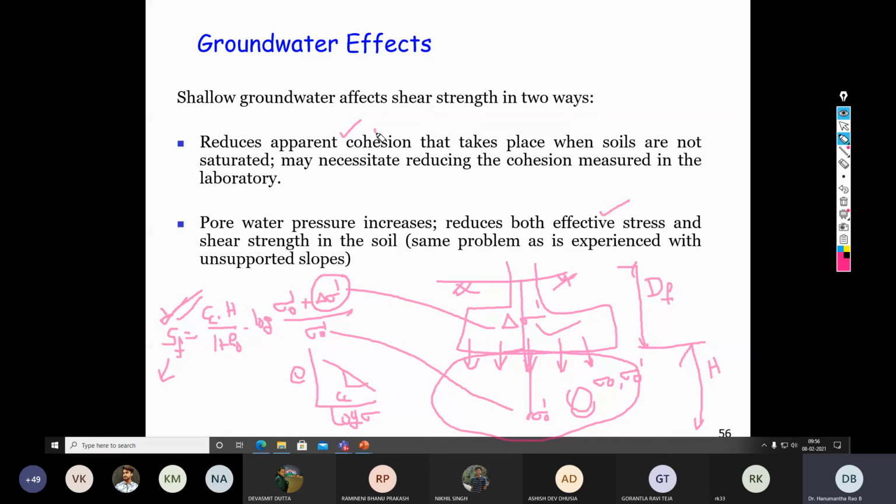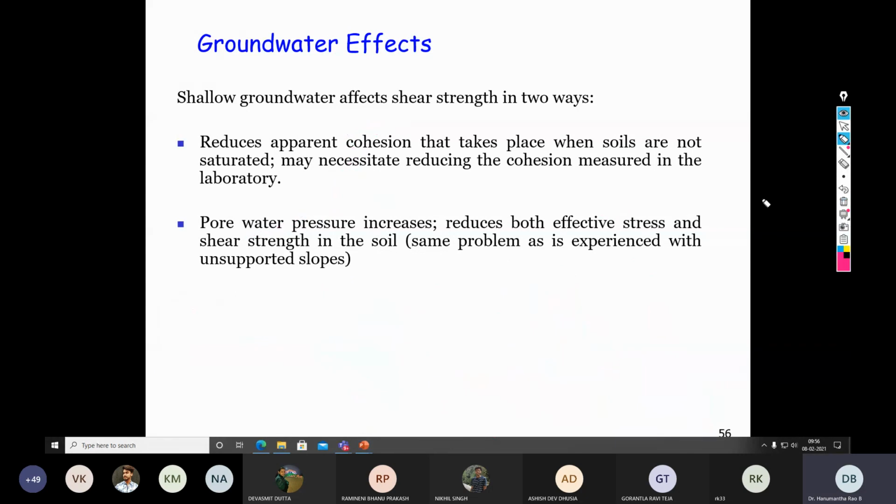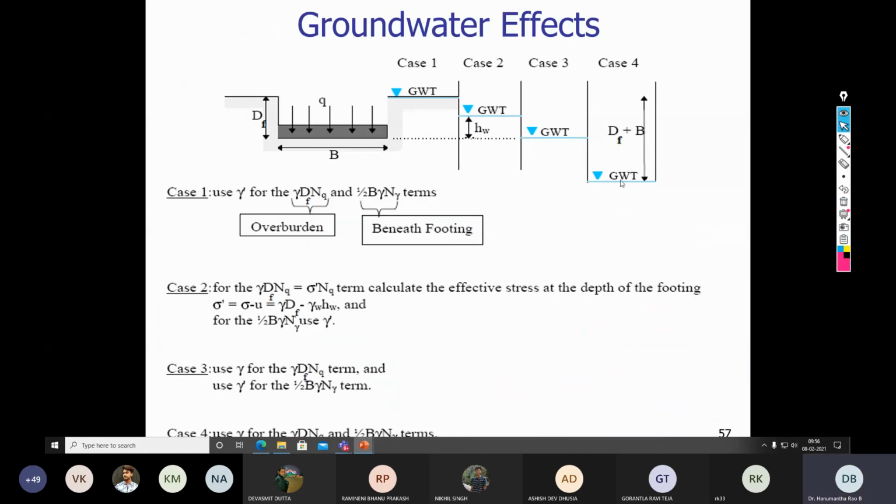Since cohesion is a bonding, the reduction in bonding is nothing but the reduction in the shear strength. Did you get my point now? The shear strength is represented in terms of cohesion and angle of internal friction. So this is the effect of the groundwater.